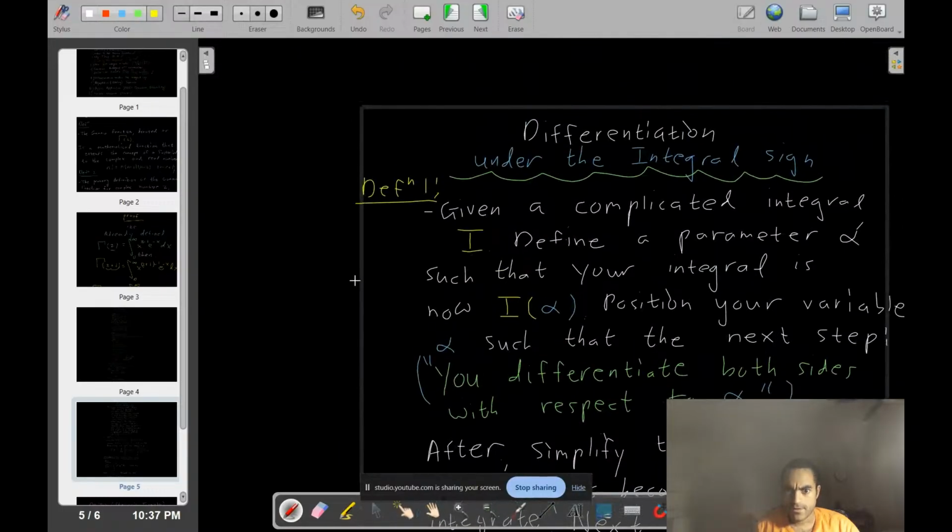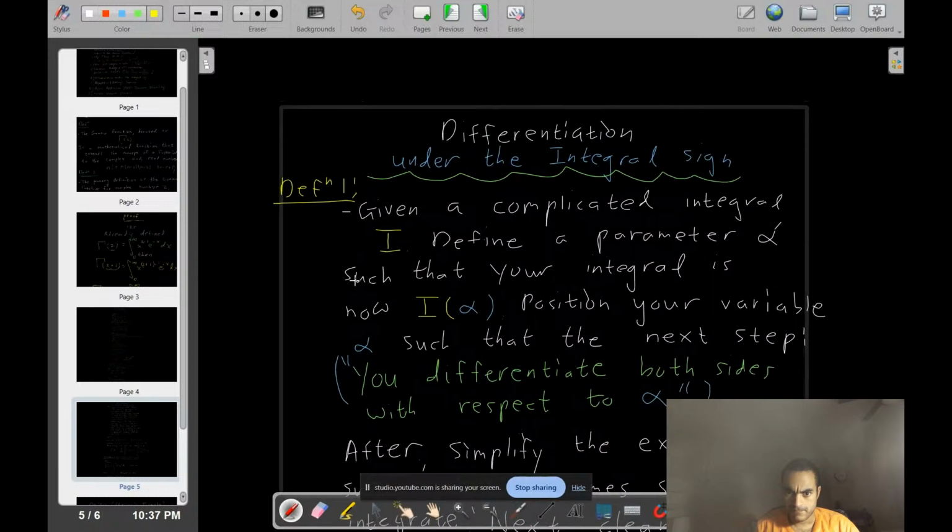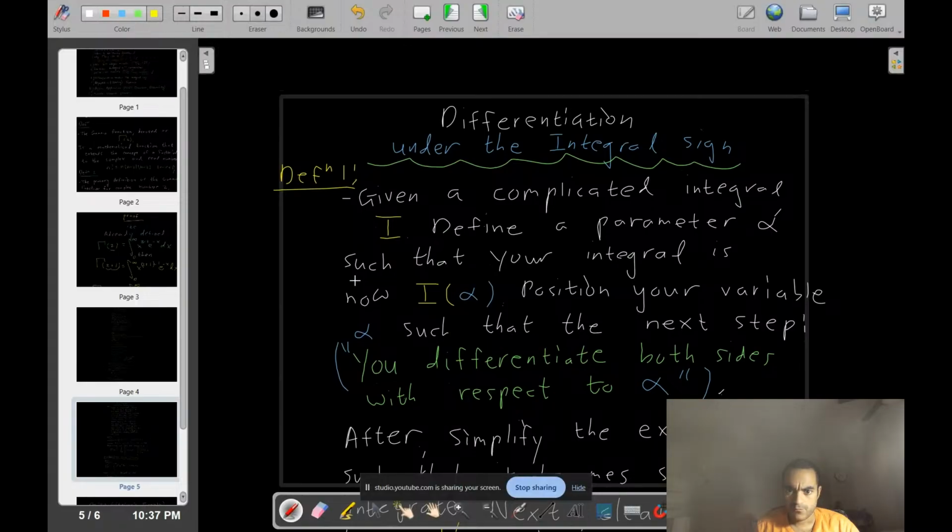Remember what definition 1 states. We want to position our parameter alpha. We want to define an alpha. That's the point of this, to make our integral easier to integrate. We want to define a parameter alpha such that in your integral, now I as a function of alpha, you position your variable alpha such that in the next step you're able to differentiate both sides with respect to alpha.